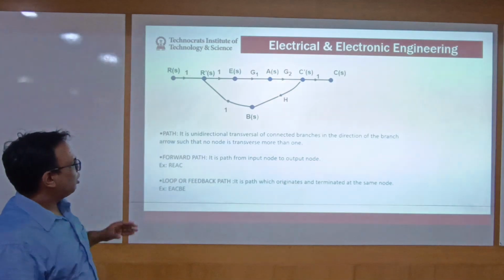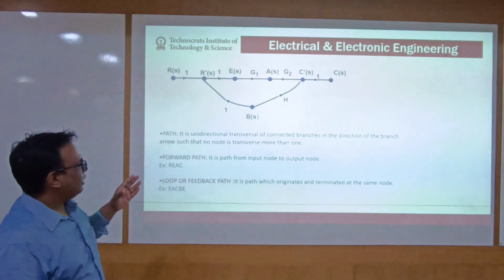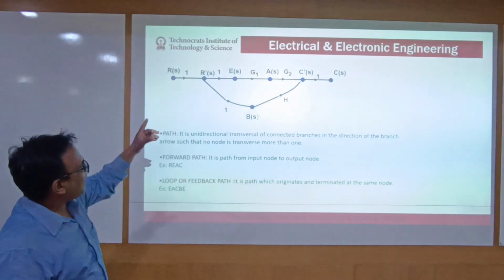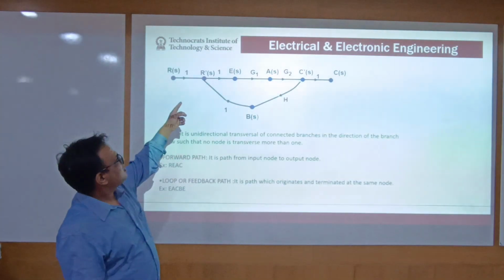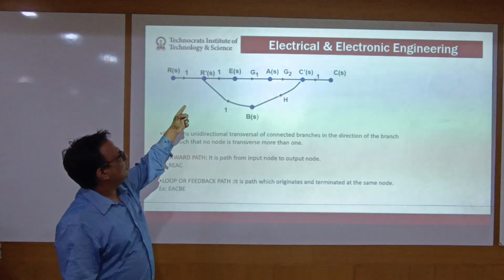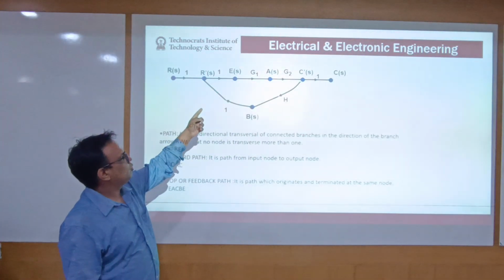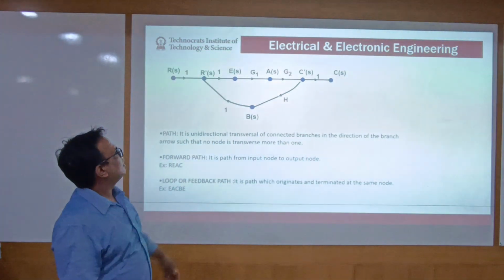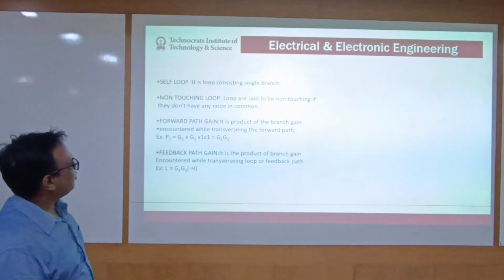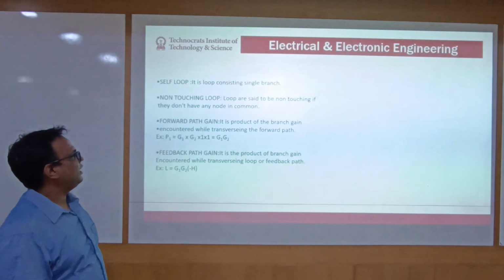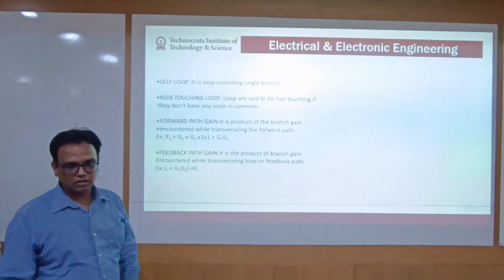Loop or feedback path is a path which originates and terminates at the same node. Like we start from R(s), then go R(s), E(s) to G1, G2, H and return to R(s). A self loop contains a single branch.